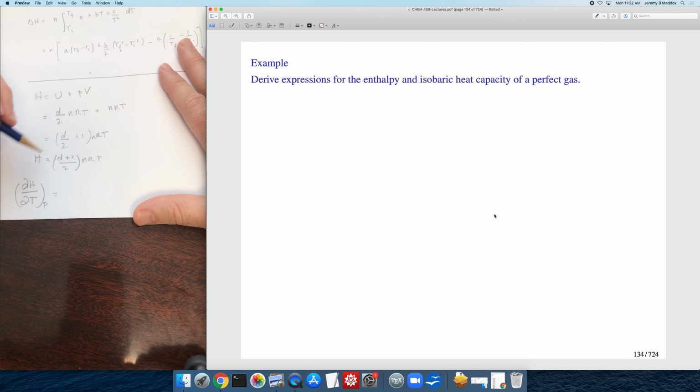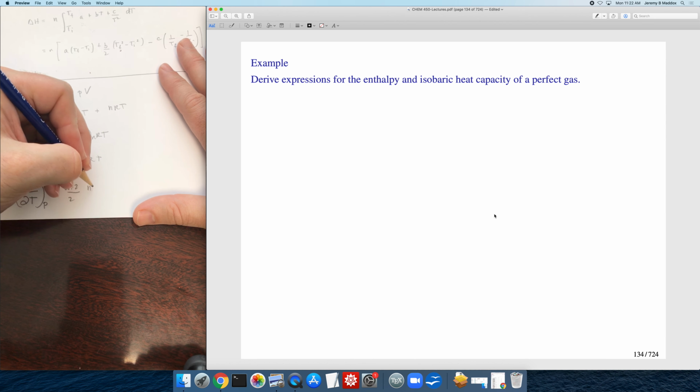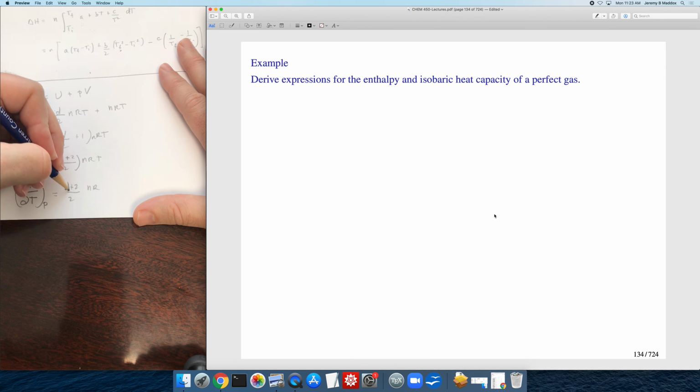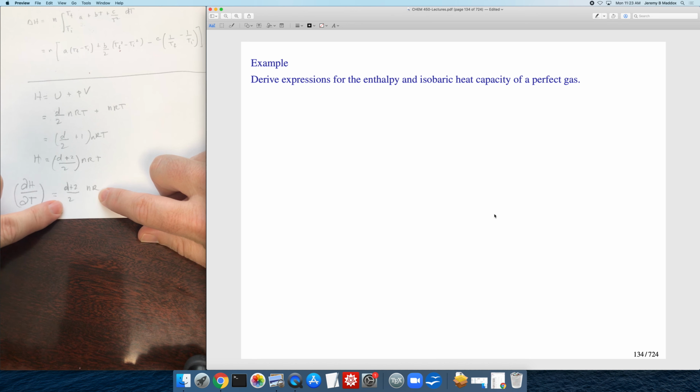This expression doesn't depend upon pressure, it only depends on temperature, and so we get d plus 2 over 2 times nR. So for the ideal gas, we see that the heat capacity is a constant. It doesn't depend upon temperature.